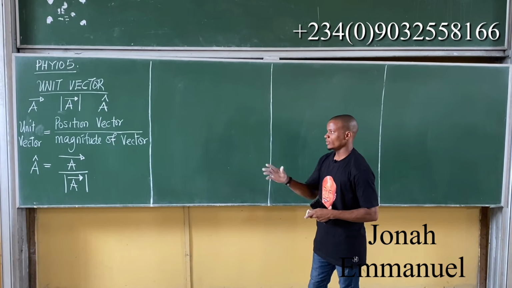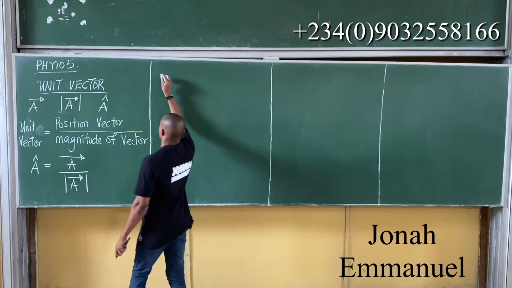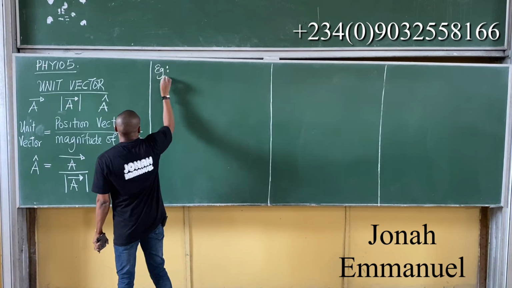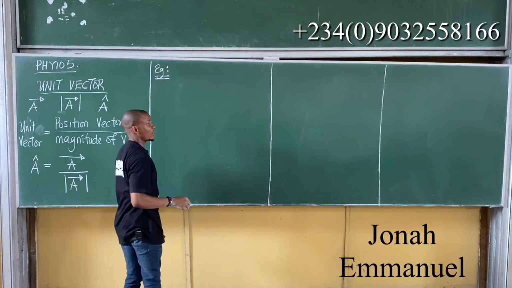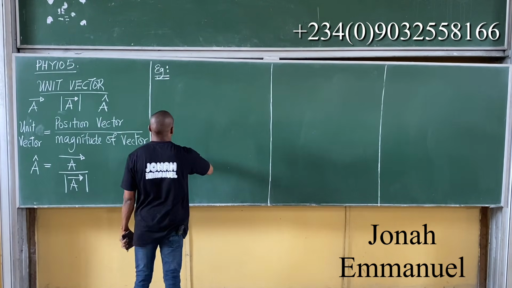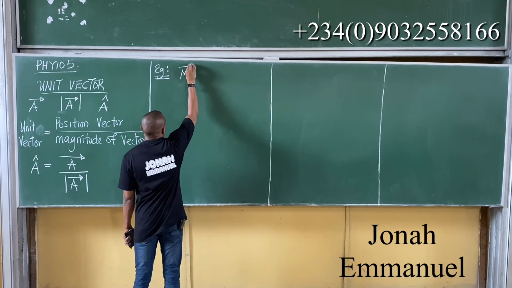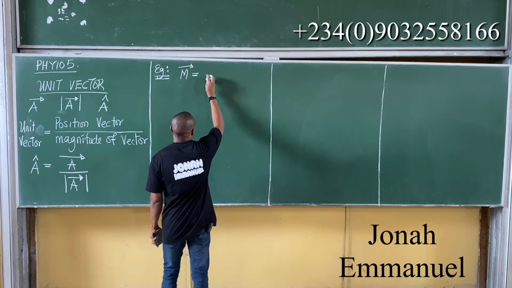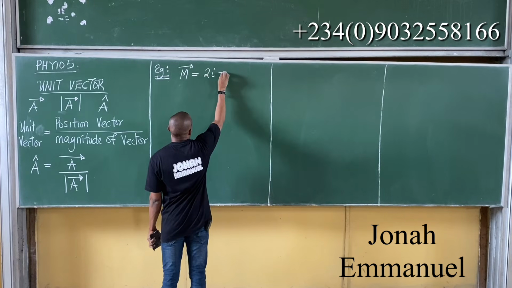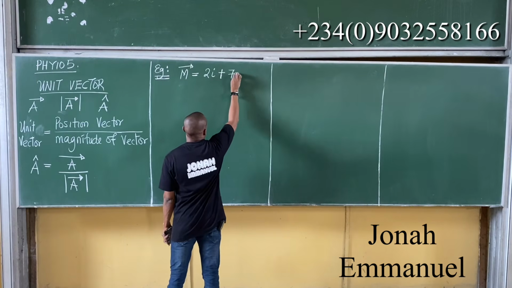Let's take an example and see how this works. So for example, let's say I was given a position vector. Let's say the position vector of M is equal to 2i plus 7j.